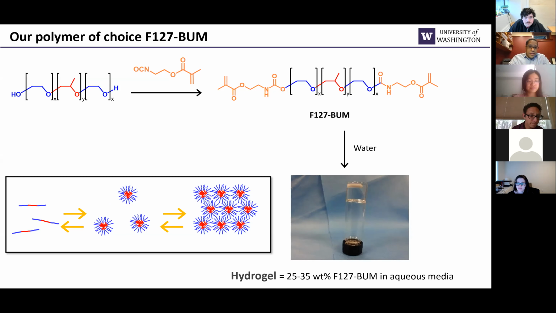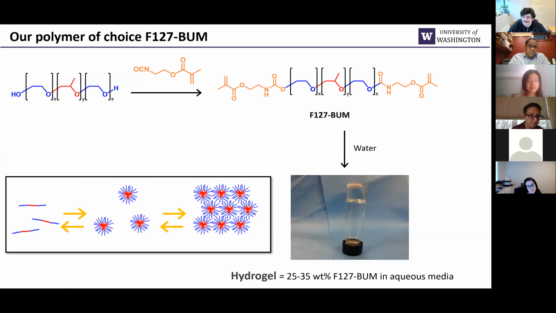Just to get right into it, the polymer that I'm going to talk about today is one that we use quite a bit in the lab. We start from a commercially available polymer shown on the left. This is F127, a linear polymer, and then we do a one-step chemical transformation that transforms that into what we like to call F127 BUM.